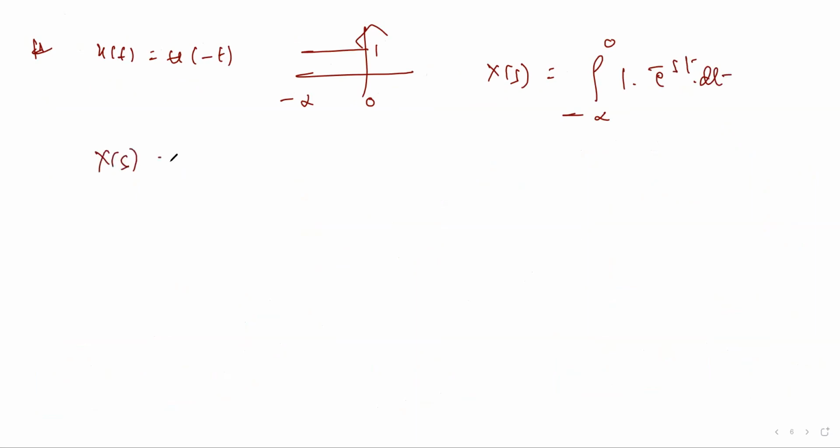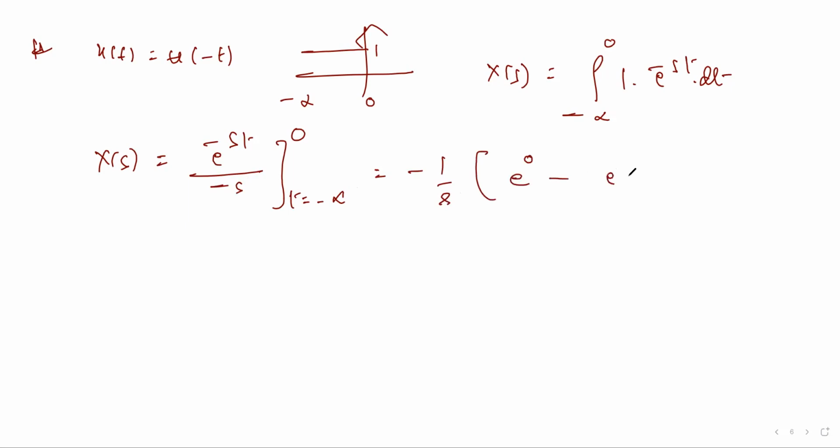Then simplification, e power minus st by minus s with t limits minus infinity to 0. So minus 1 by s times e to the power of 0 minus e to the power of minus s times the limit minus infinity.